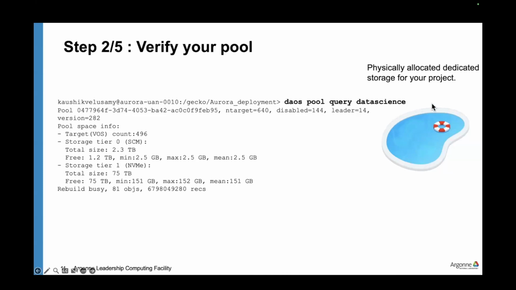So a pool is, as I said before, one dedicated storage space. You can run this DAOS pool query data science and you can see how much SSD space you have and how much memory space you have. This is the quick way to verify and get started.